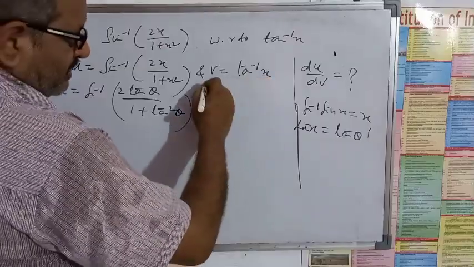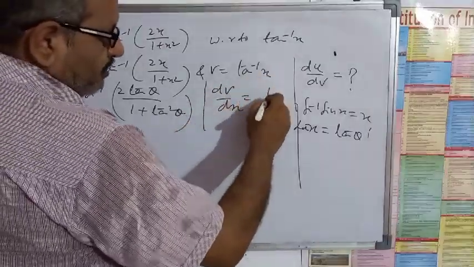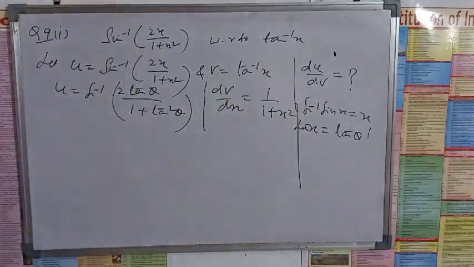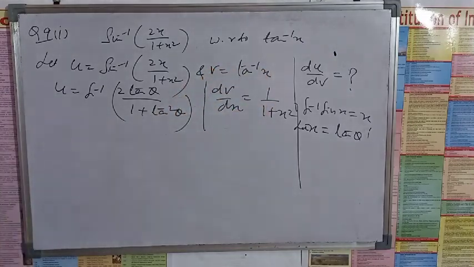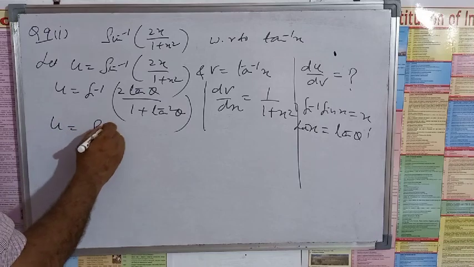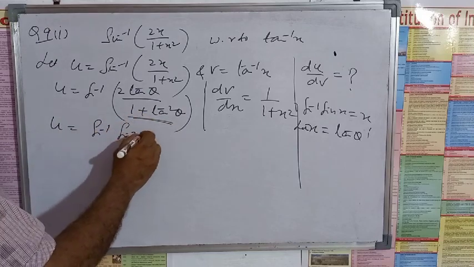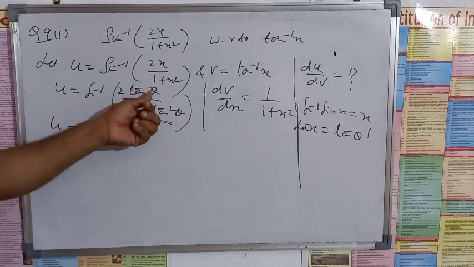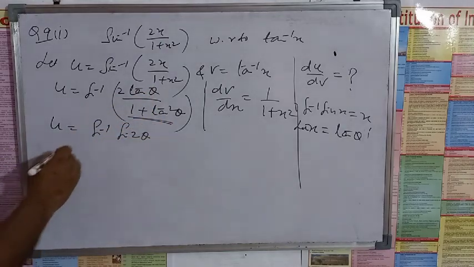And here we can differentiate directly. dv by dx: derivative of tan inverse x is 1 upon 1 plus x square. We know it. So it is sine inverse. What is this formula? It is the formula of sine 2 theta. Sine 2 theta formula in terms of tan is 2 tan theta upon 1 plus tan square theta.